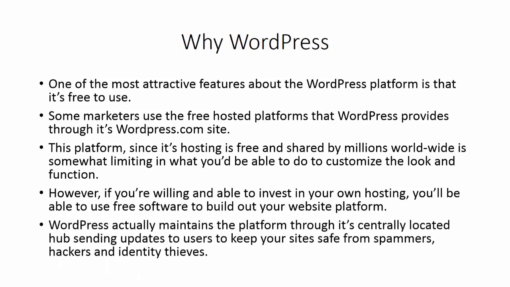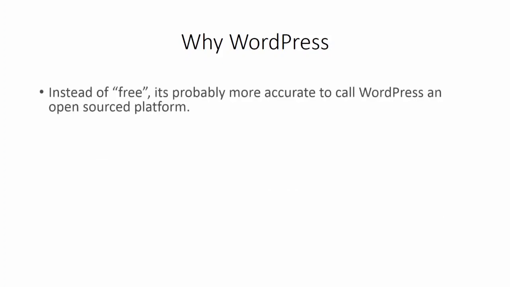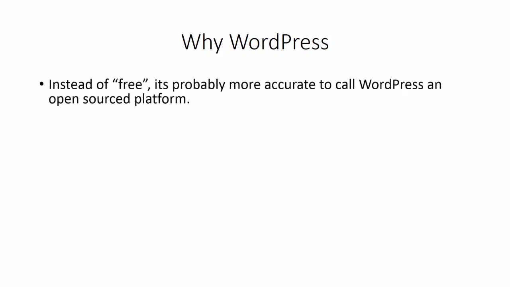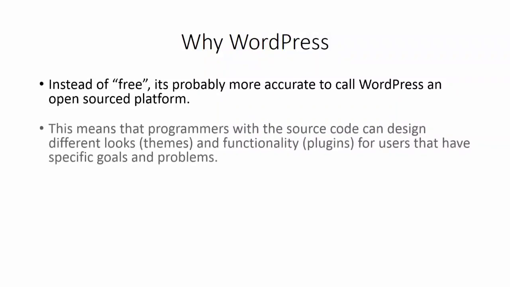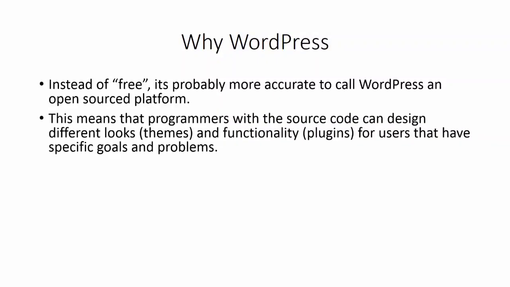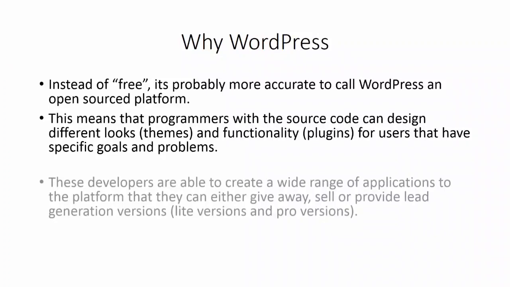WordPress actually maintains the platform through its centrally located hub, sending updates to users to keep your site safe from spammers and hackers and identity thieves. Now, instead of free, it's probably more accurate to call WordPress an open source platform. That means that programmers with the source code can design different looks, which are called themes, and functionality, which is called plugins, for users that have specific goals and problems.